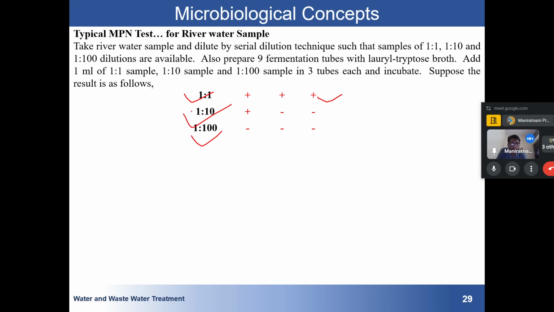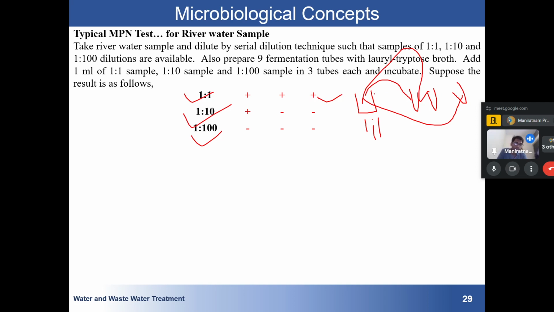But now remember that this was your original sample, 1:1. Now you have taken extra three tubes, and you have added 9 ml of water in all these three tubes. And you have added 1 ml here, then 1 ml here, and then finally 1 ml here.